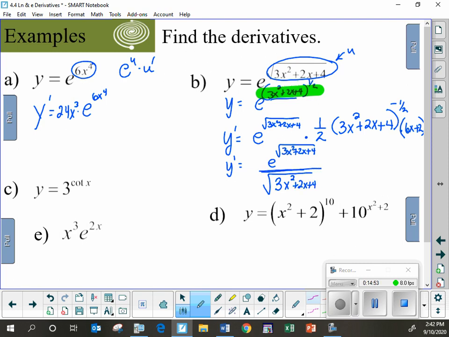I have a 2 on the bottom, and with this I see I can factor a 2 out. I'd have 3x plus 1. So I'm going to let those 2's cancel. Okay, the 2's are canceling, and it leaves me 3x plus 1 as part of the numerator. That one I think is an easy one to miss one of the chain rules.